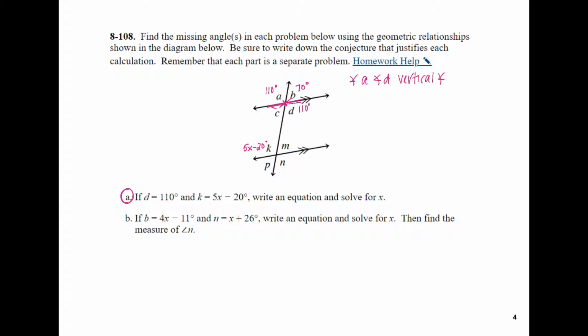Angle C and angle B are also vertical angles. Angle C and D, A and B, and C and D are supplementary angles, so they equal 180 degrees.